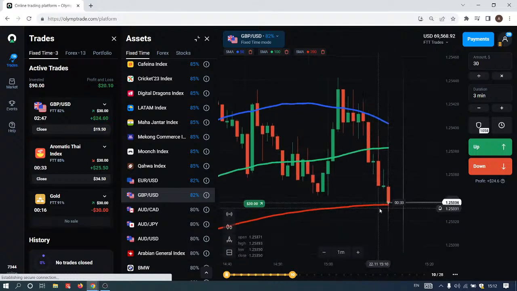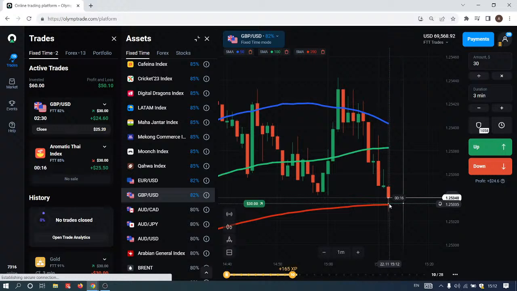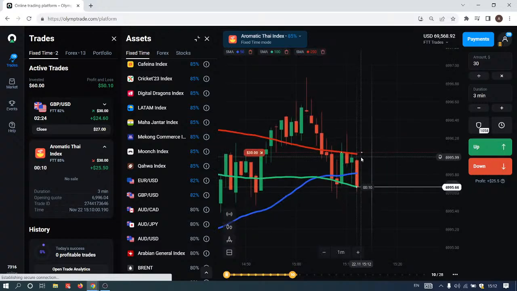So price approaches an SMA. It can be any one of these three, or you can even change these parameters or periods a little bit and customize this strategy even further. But this is my classic approach. This is my ultra classic thing with trades, and that's it.